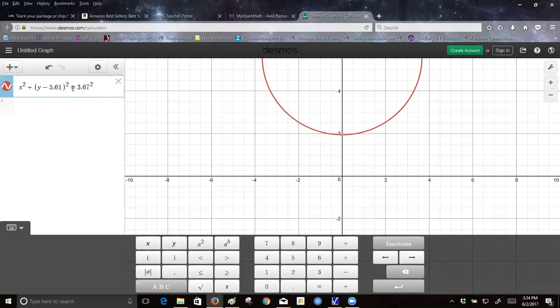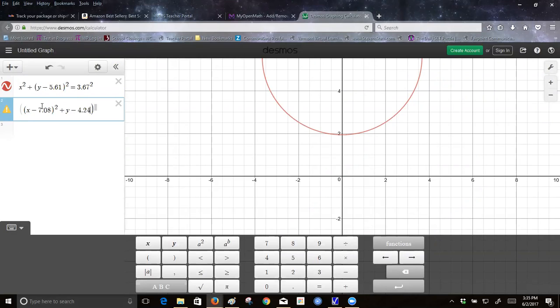3.67 squared. Now, I think I've got that all right. And do the other one, so x minus 7.08 squared plus y minus 4.24 squared.